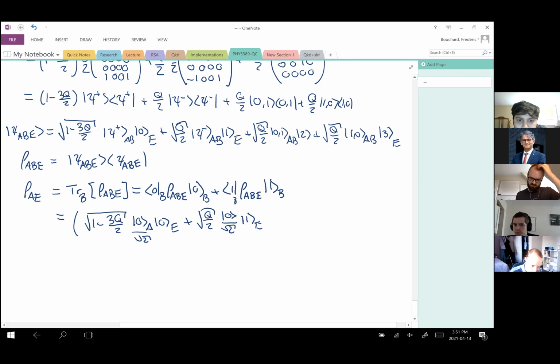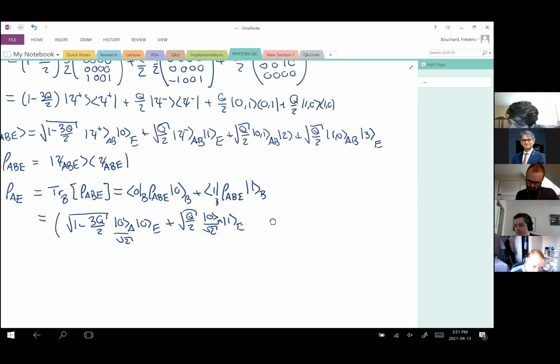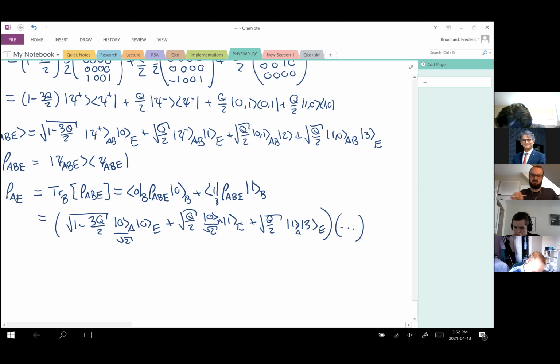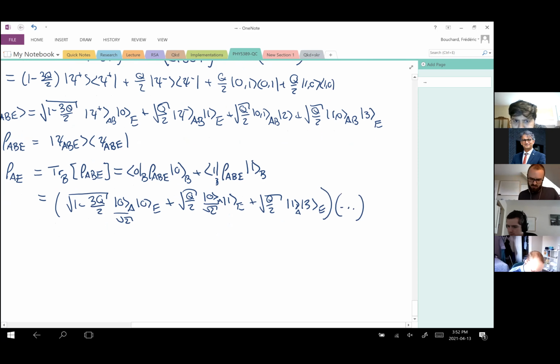At some point, I'll drop just writing down the subscript. Yeah, but you know, Q over 2. Okay, so you see the third term in psi ABE will go away because the B state is in 1, and then you get the final state, which is E and A. And then you get basically the bra of this ket. So that's for the first term.